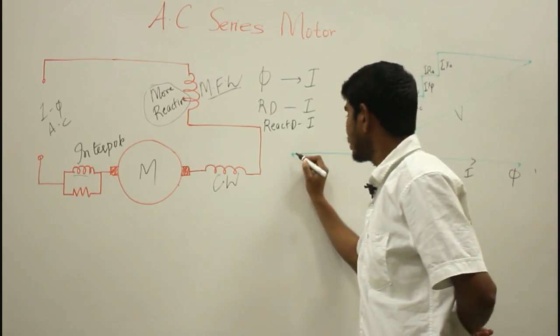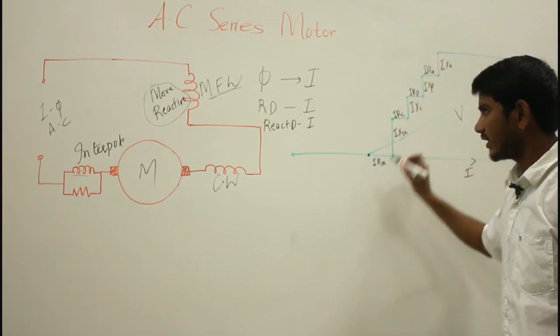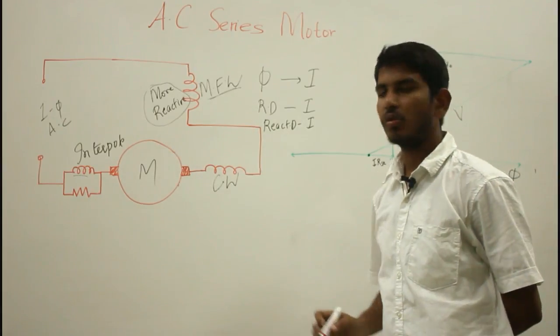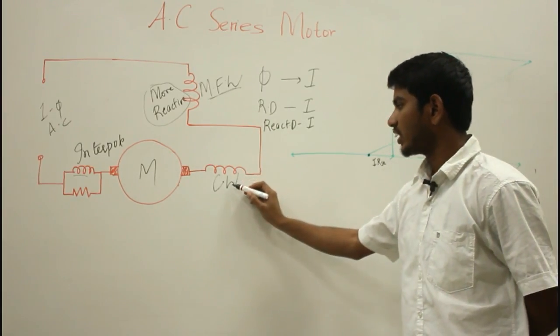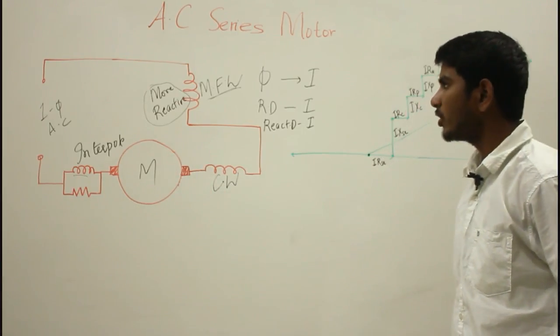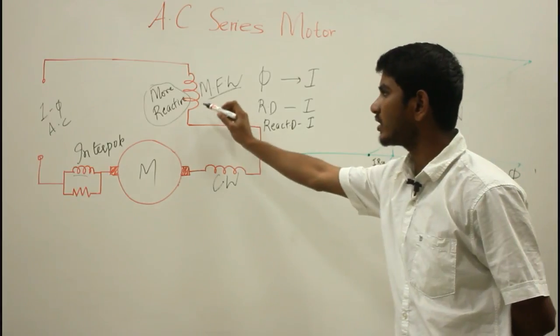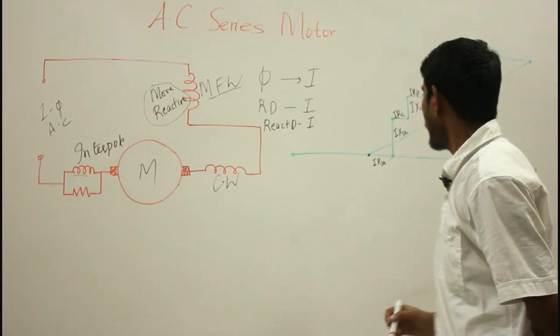Now if you see the phasor length of I X E, we are taking a more reactive voltage drop in the series field compared to the compensating winding, armature winding and the interpoles, in order to improve the power factor by reducing the reactance of this main field winding.